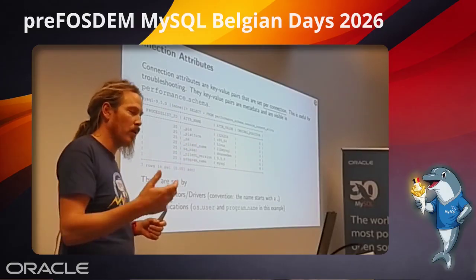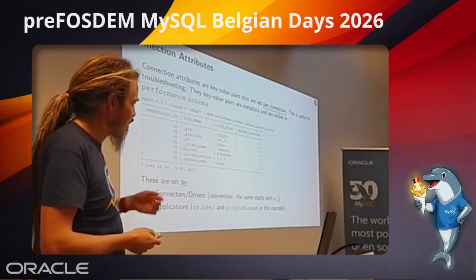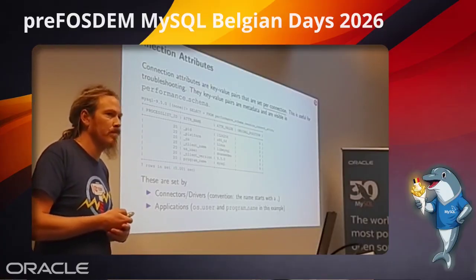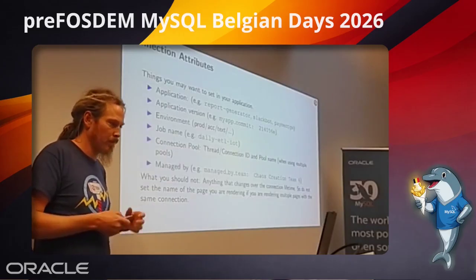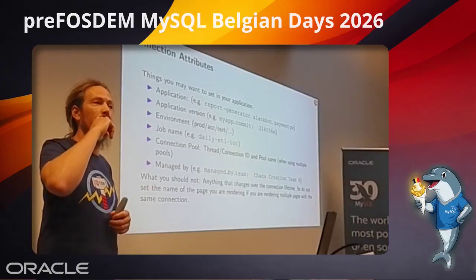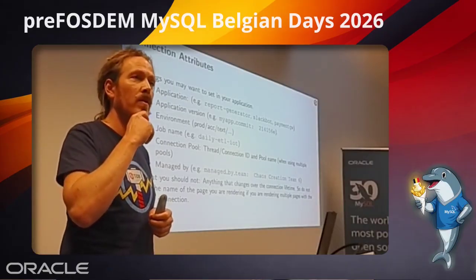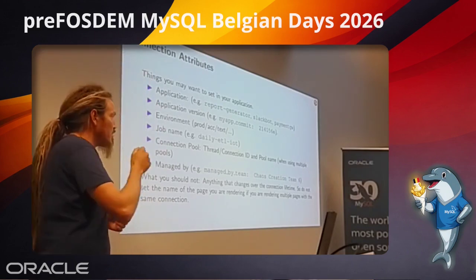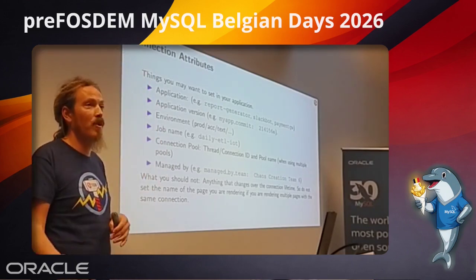You can also give the application version. That can be a great help if you're upgrading applications or doing a rolling restart and want to know if everything is on the new version. The production environment, maybe it's production, acceptance, test, these kinds of things. And the job name, like a specific ETL job.